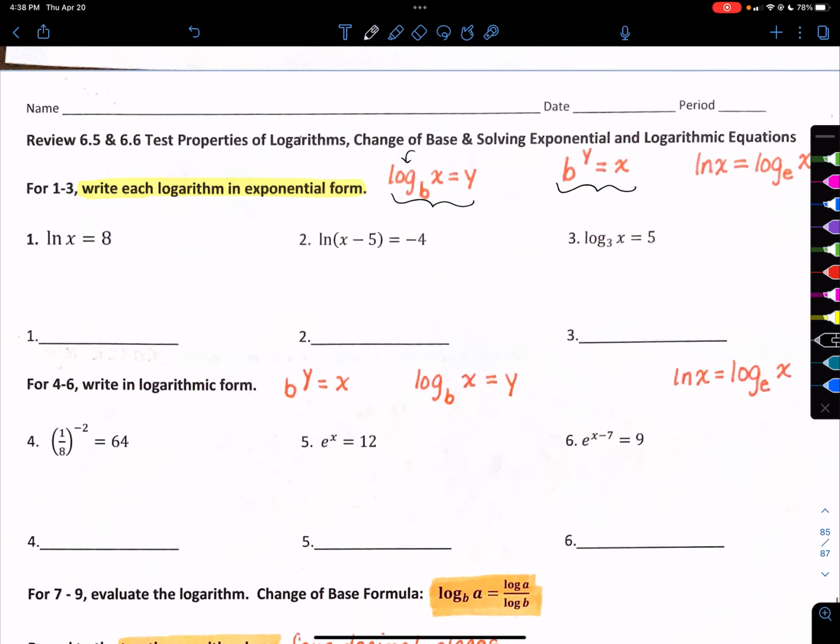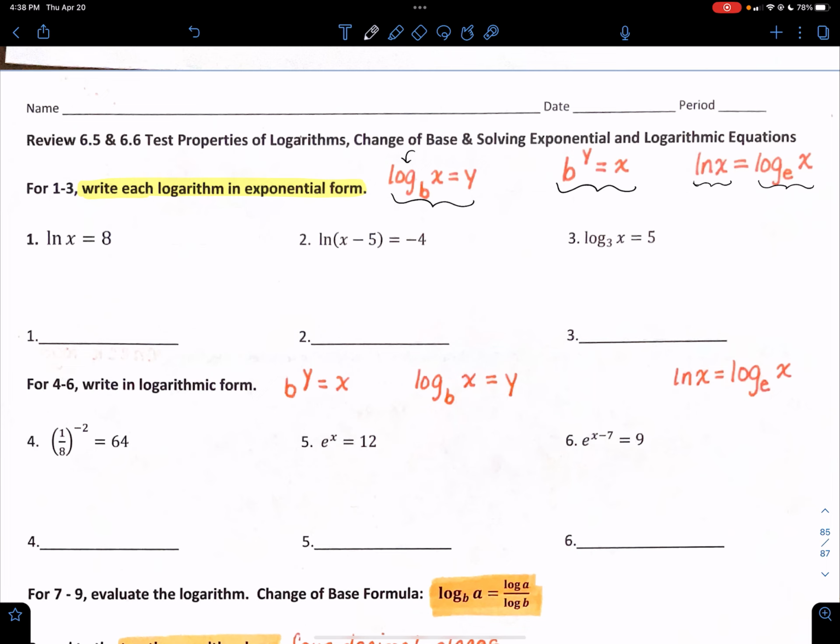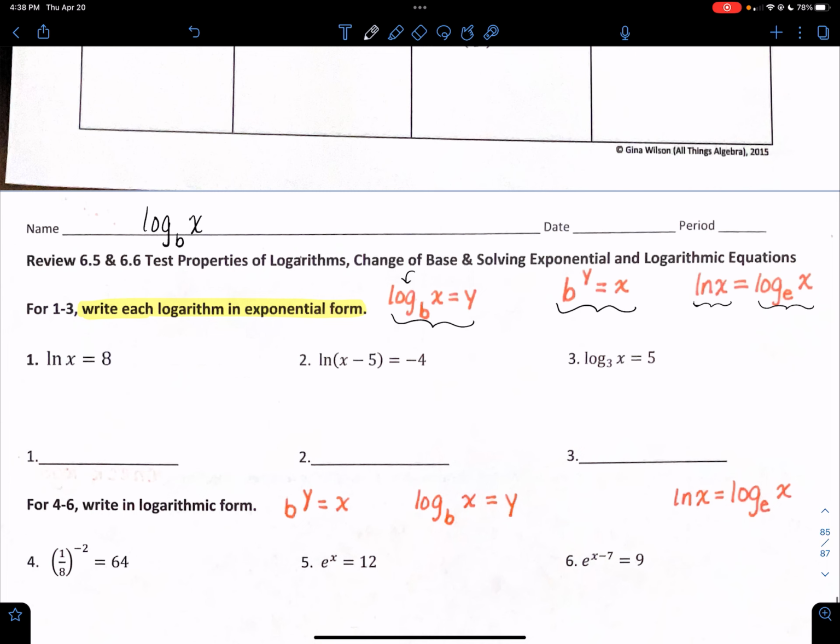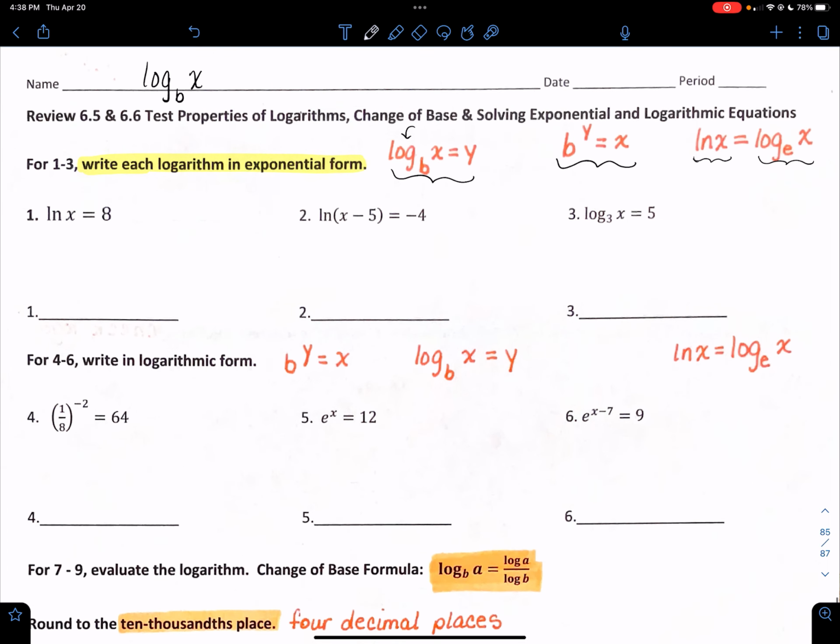Okay. Another thing that I wanted to point out here is that remember that log base e of x is the same thing as ln of x. So ln has a base of e. So let me try this. If I have log with the base of some number, then the base here on this one is whatever the number is.